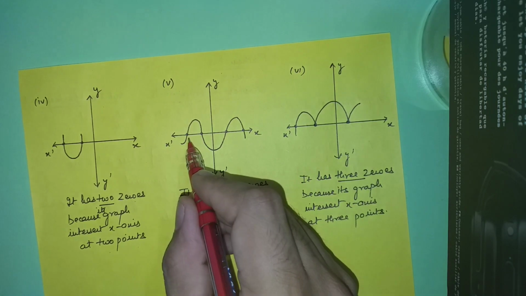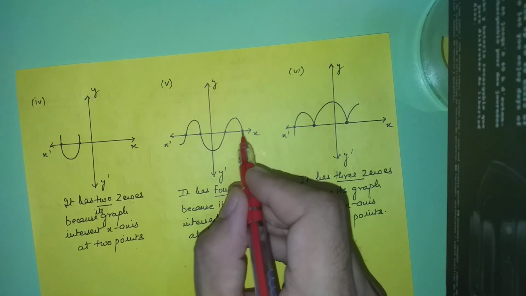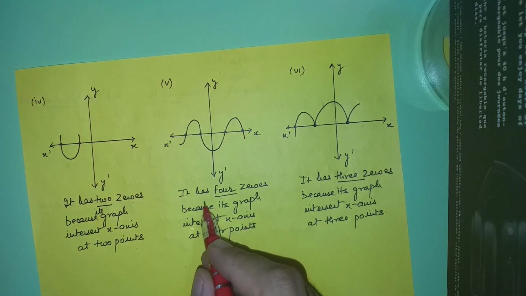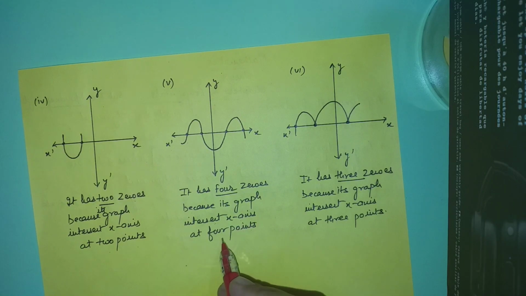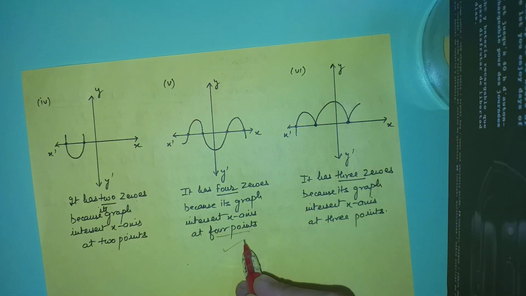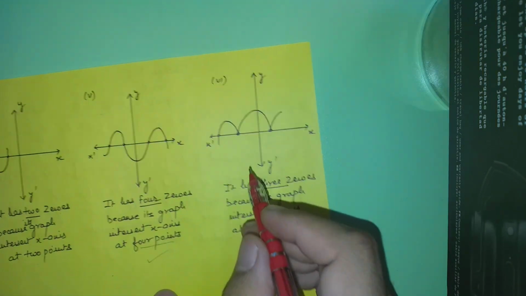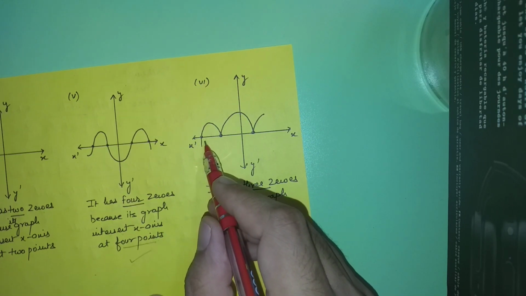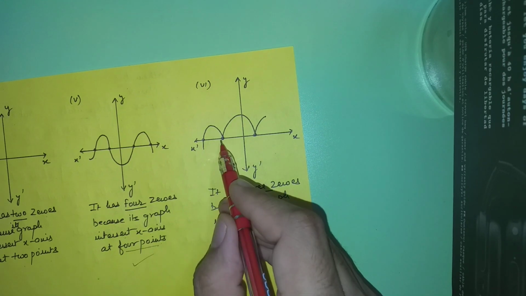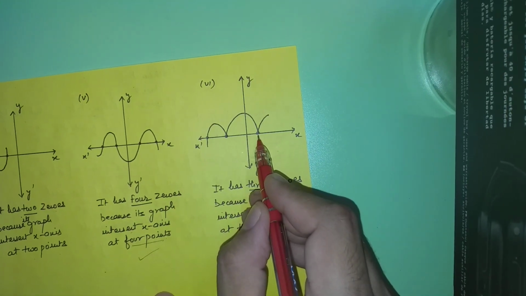So here it touches the x-axis at 4 points. So the number of zeros is 4, because its graph intersects the x-axis at 4 points. Now the last part of this exercise is this curve. This curve touches the x-axis at 1, 2 and 3 points.